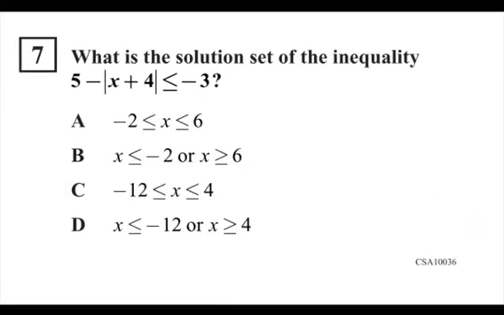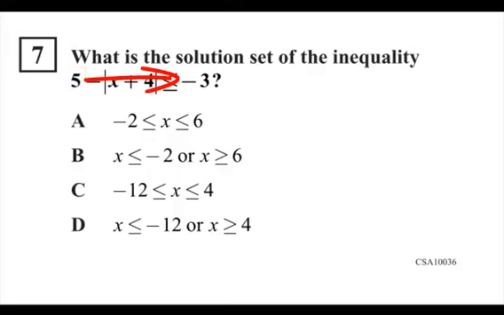Number 7. What is the solution set of the inequality 5 minus the absolute value of x plus 4 less than or equal to negative 3? Since 5 does not contain the variable we need to solve for, we must move it over to the other side of the inequality.